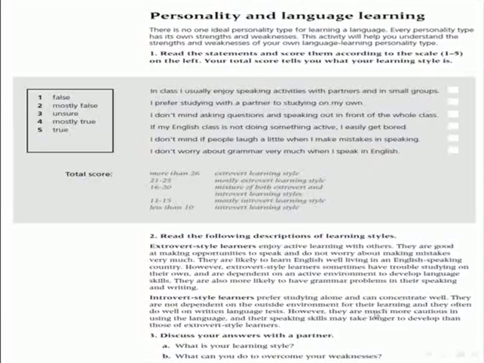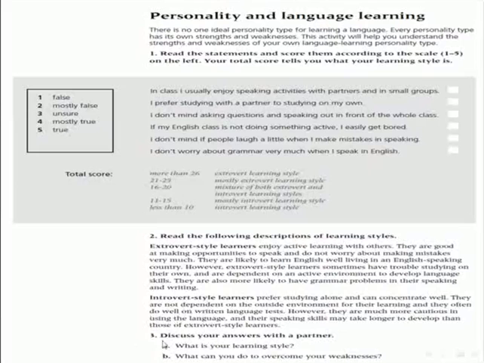However, they are much more cautious in using the language. They focus very much on words, letters, and grammar. Their speaking skill may take longer to develop than that of extrovert style learners. It means they may take a longer time to improve their fluency.